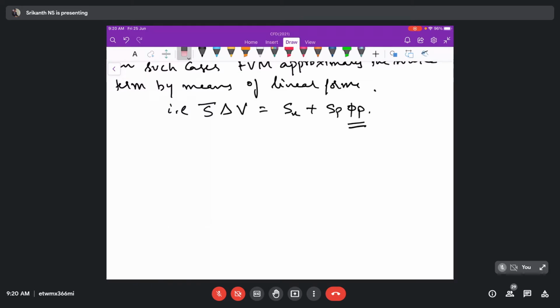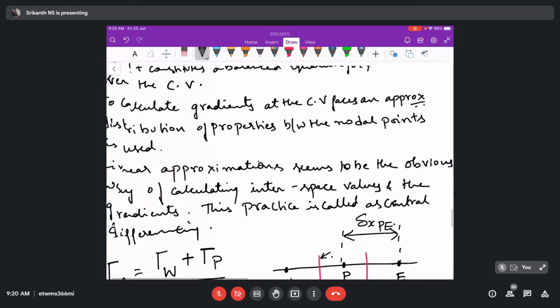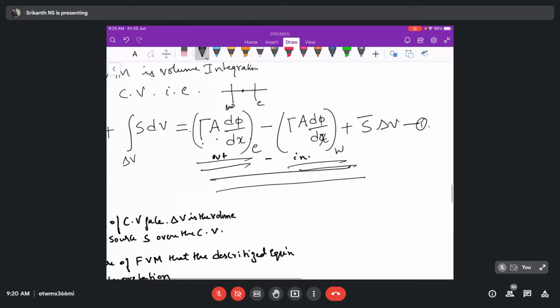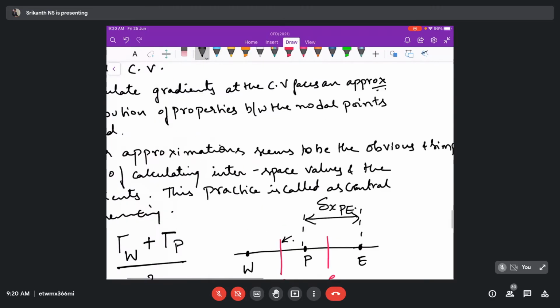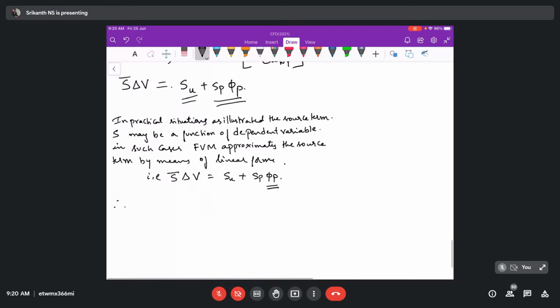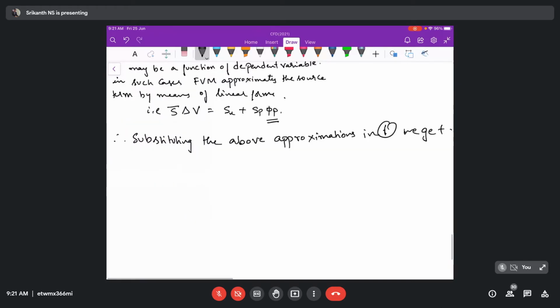Now therefore we can write what equation 1 becomes after applying all these approximations. Substituting the above approximations in 1, we get, what is that we are going to get?